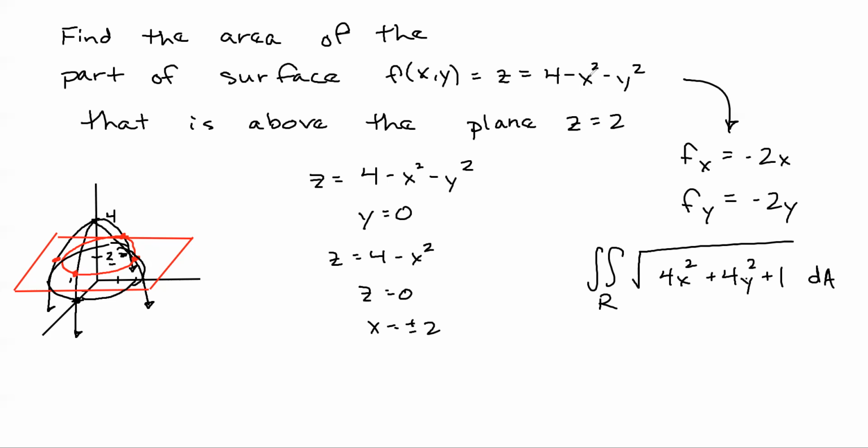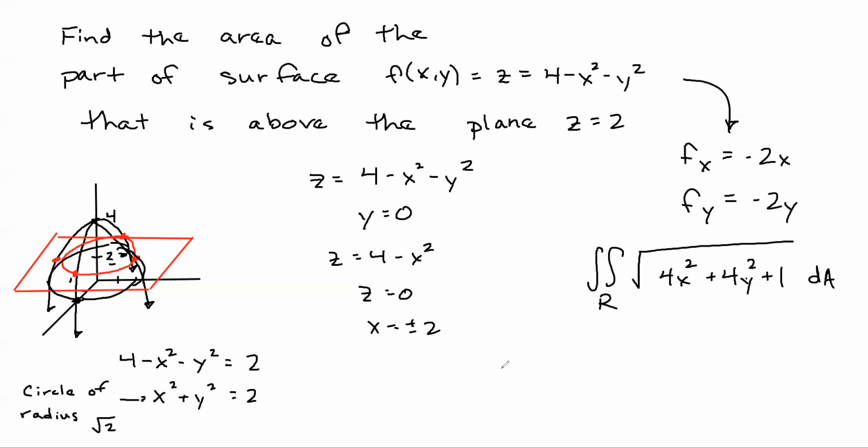To figure that out, you can set these two equal. So you get 4 minus x squared minus y squared, and z equals 2. And from that, we can figure out that x squared plus y squared equals 2. And so we have a circle of radius, square root 2, sorry.